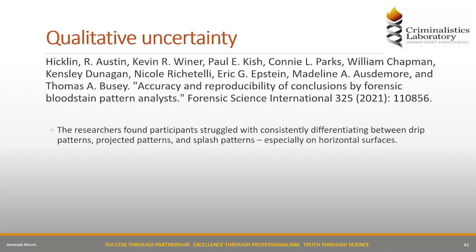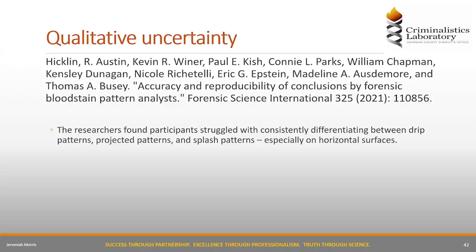When the known mechanism was available, so it was a lab-generated pattern, participants got it wrong a lot because these three patterns really overlap to a significant degree. So we need to be aware of this.